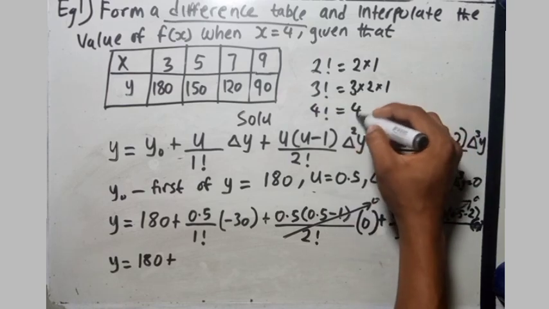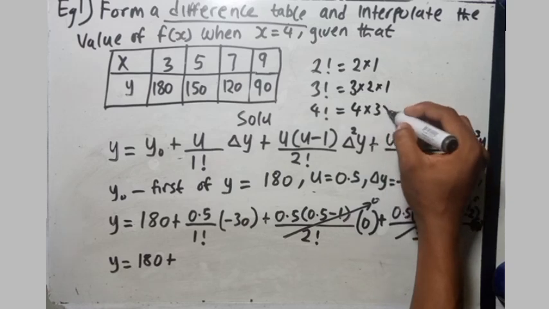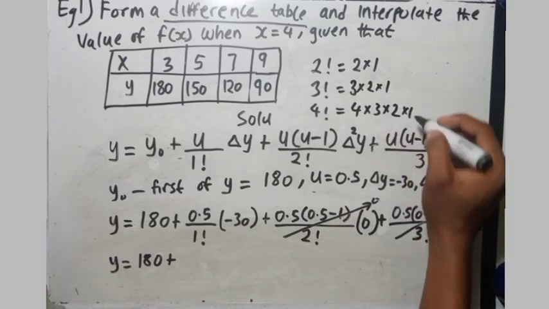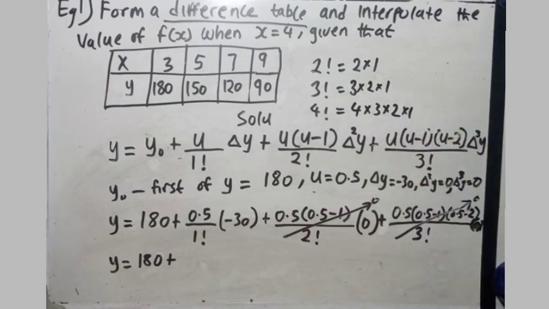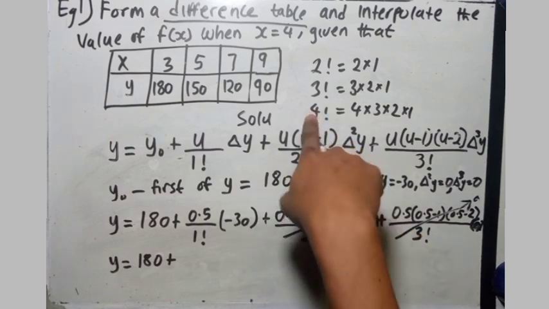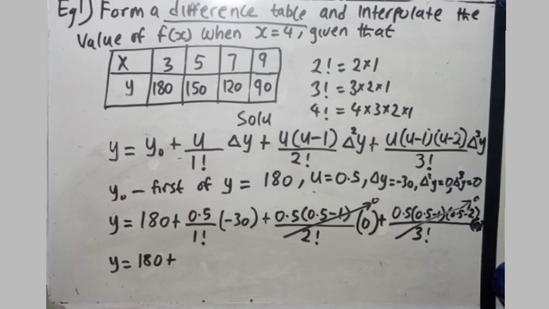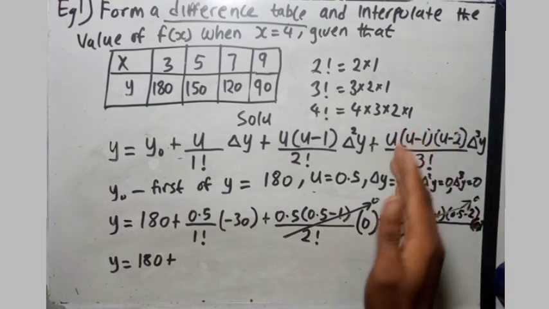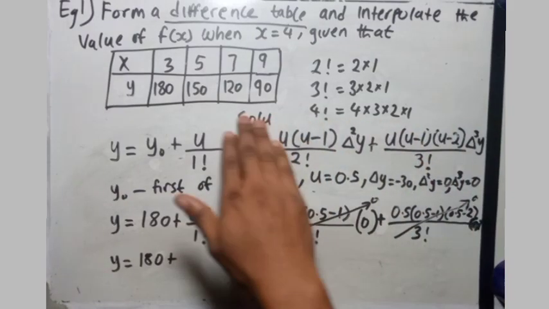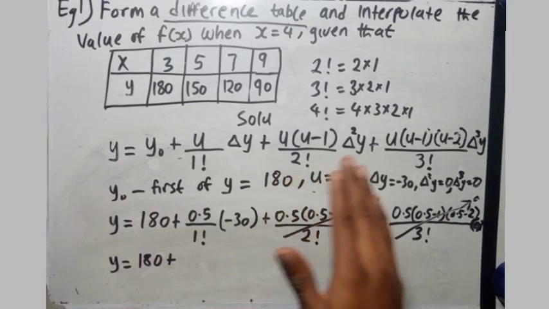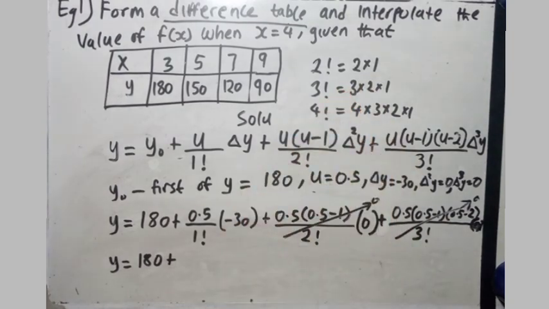And this is 4 times 3 times 2 times 1, which is just the multiple of the consecutive numbers that came before the number you are asked to find the factorial of.